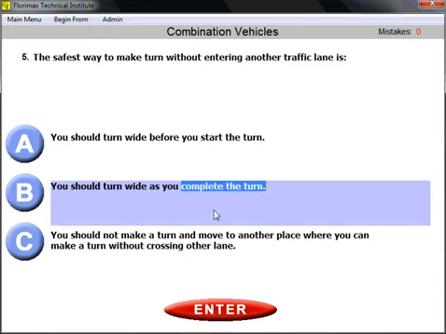In other words, at the end of your maneuver, when you complete the turn, that's when you need to swing wide. Not when you start, not at any other moment. When you complete the turn, you should turn wide.